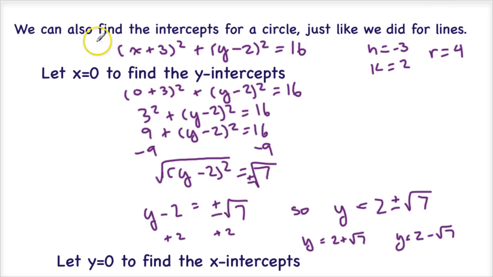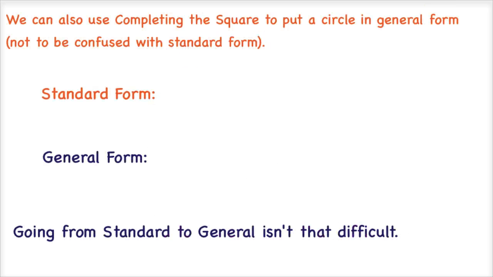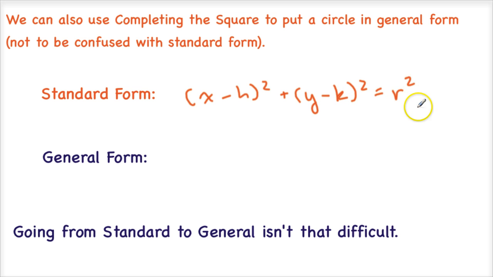Okay, so last thing we're going to talk about is, if you'd like to, you can use completing the square to put a circle in something called general form, not to be confused with standard form, right? So standard form is what we've been talking about so far. It's (x − h)² + (y − k)² = r².